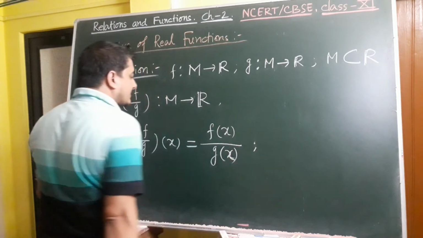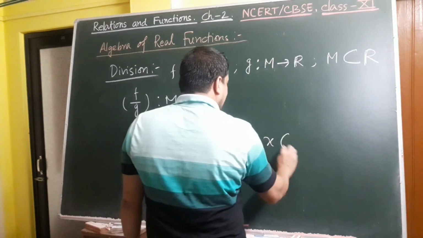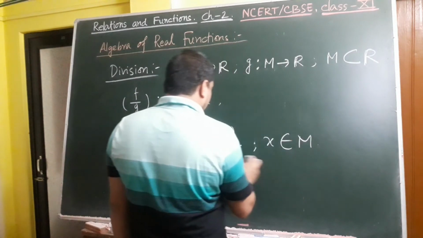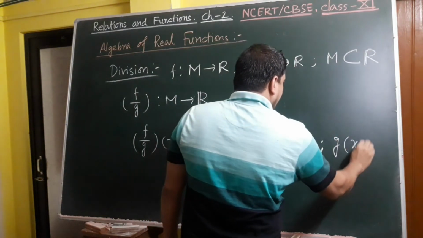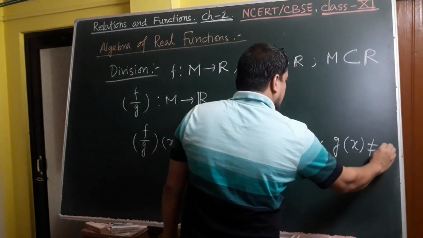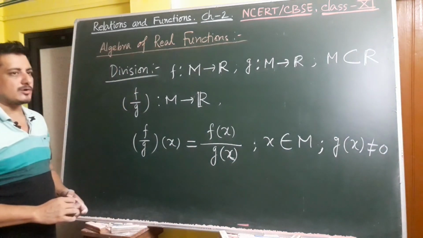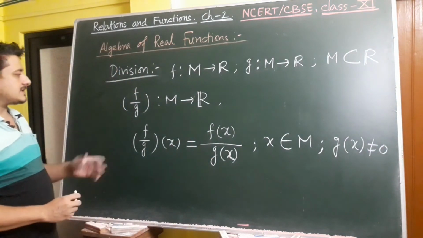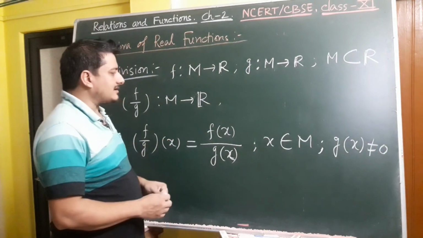Here you have to remember that x is a member of M, and g(x) is not equal to 0. The denominator cannot be 0. So this is one real function by another real function.